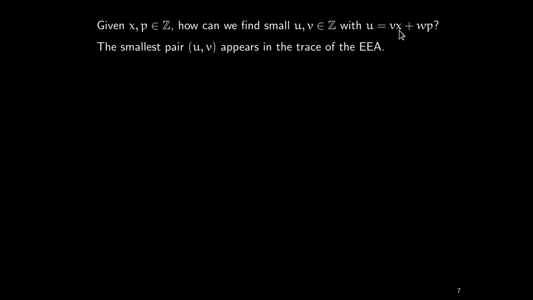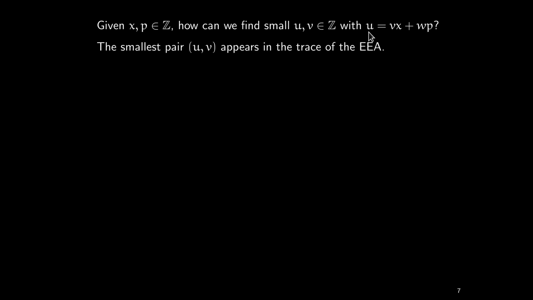If you apply the extended Euclidean algorithm to x and p, then in the course of the algorithm you will have a loop invariant that says that if you start with this as the candidate for the GCD, and then eventually after the execution of the algorithm this will be the GCD, and here you have the cofactors v and w, and you have such cofactors not only at the end of the Euclidean algorithm, if you remember how this works, but you have it throughout the algorithm.